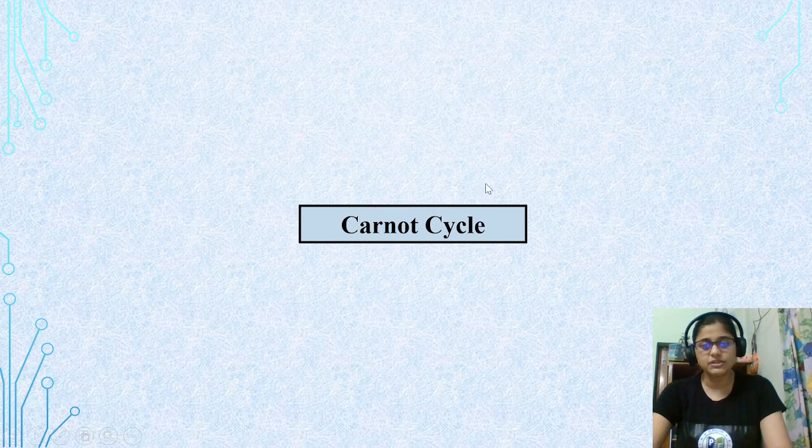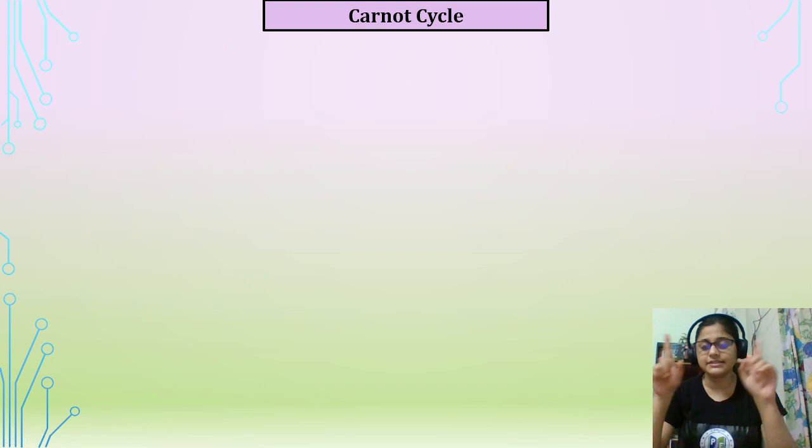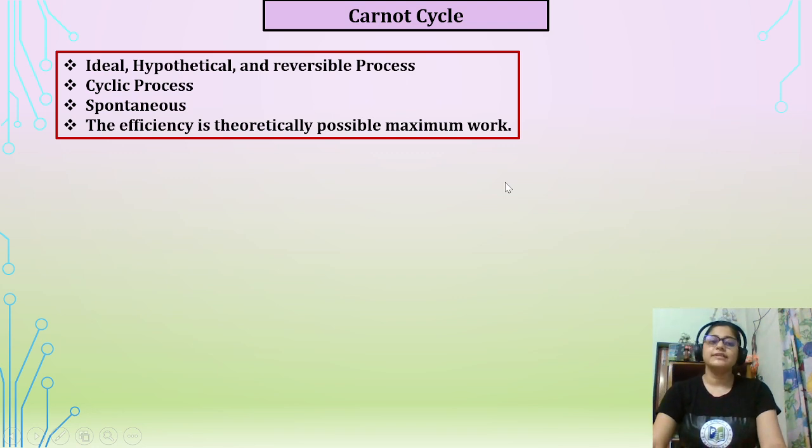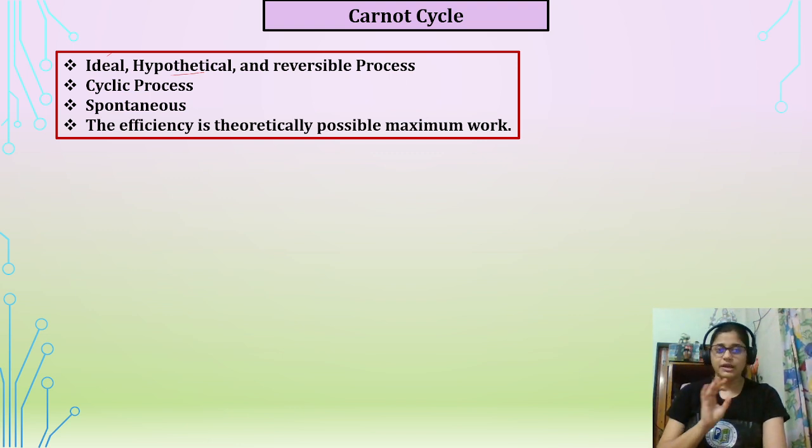So what is Carnot cycle or Carnot engine? Cycle is the graphical representation, and the process is for the Carnot engine. This is actually a hypothetical, ideal engine. That's why it is hypothetical, because for our understanding, the derivation will be easier in every case if we take the ideal gas.